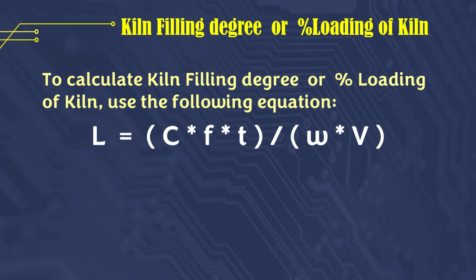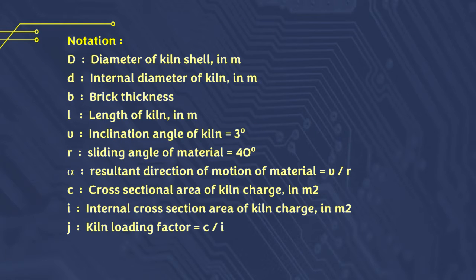Then to calculate the kiln filling degree, or % loading of kiln, the following equation can be used: L equals C multiplied by F multiplied by T divided by W multiplied by V. Notation: D is diameter of kiln shell, in meter. Small d is internal diameter of kiln, in meter.